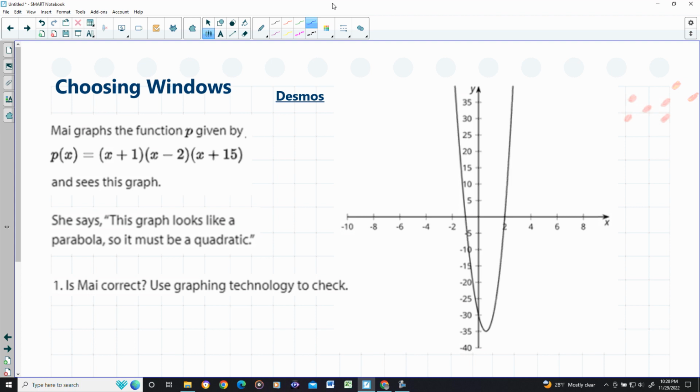How do we know it's not a quadratic? Well, other than it has three x's, right? So look at the x-intercepts. X equals negative 1, x equals 2. We see those points here. We see that point here. But then x equals negative 15. Oh, not on my graph.